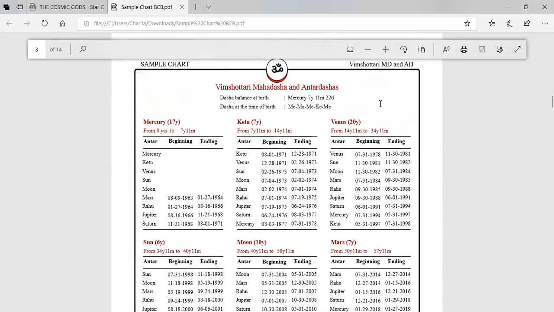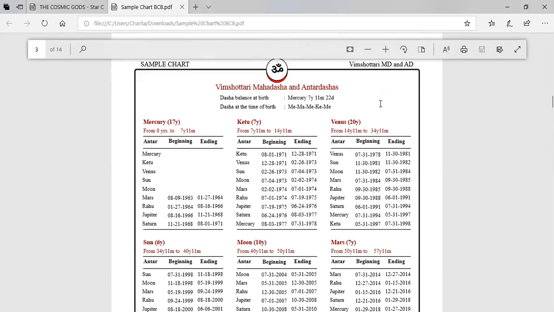Life keeps going, everything else is happening, everything else is still activating in its own way. However, there's a particular energy that's kind of dominant, and whatever energy is kind of dominant will also show up in your life, because that means that there are certain areas in life that are calling for your attention more than others. So this is what the Mahadasha helps us see.